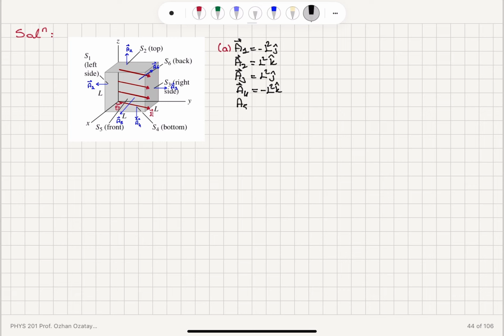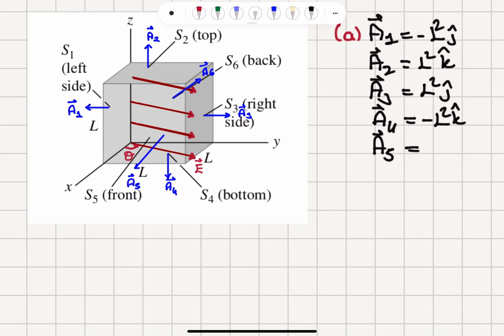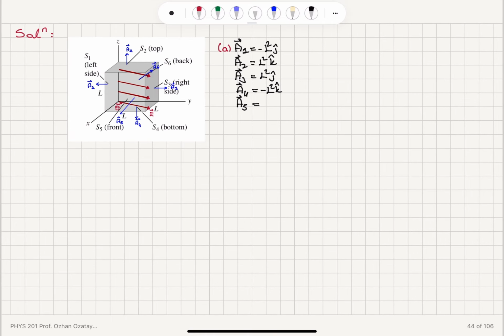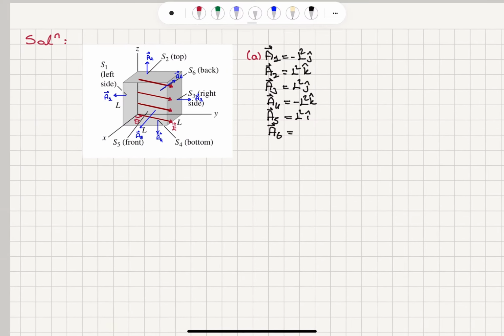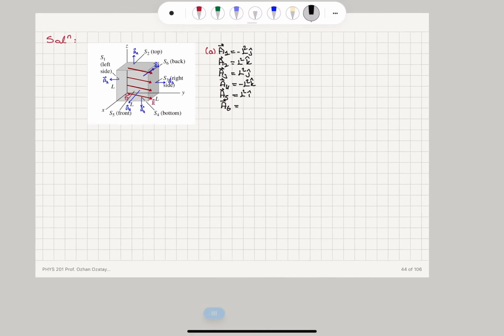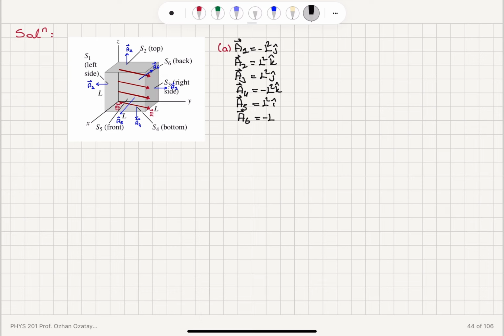Area vector 5, for the fifth face, that's the front face here, is pointing in the plus i hat direction, L squared i hat. And area vector 6, for the sixth face, which is the back one, is pointing in the minus i hat direction. So this is minus L squared i hat.